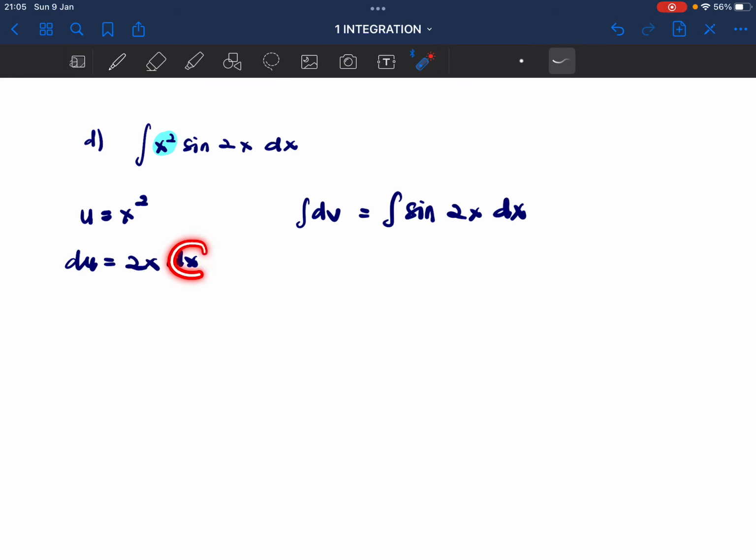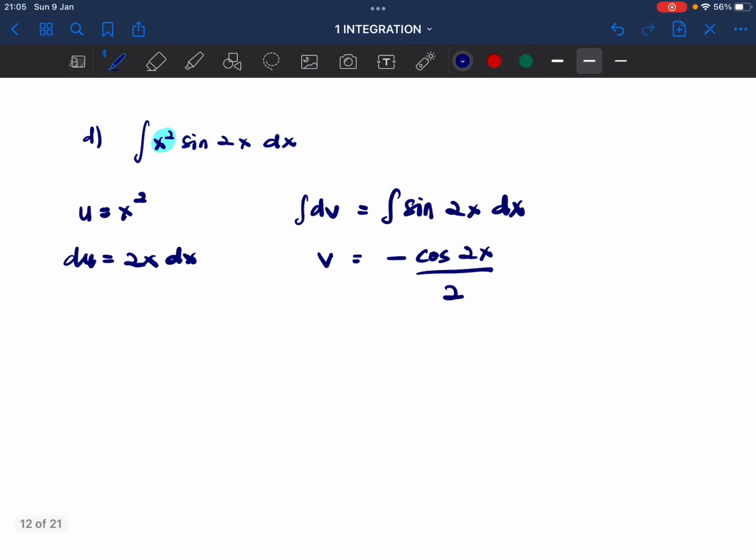Don't forget your dx. Integrate sine, you get negative cos 2x, divided by 2.